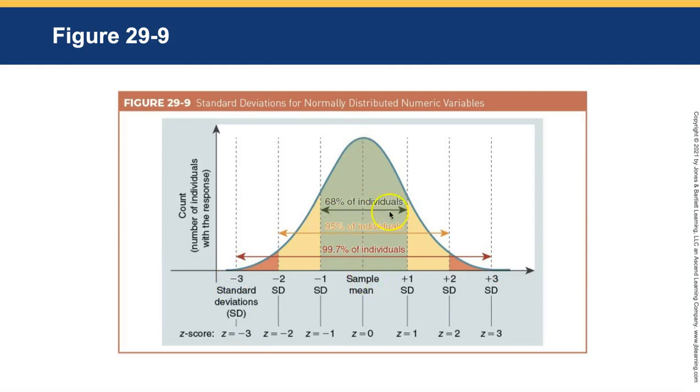We would say that 68% of all the individuals we had, if we had a large enough sample size, would fall within one standard deviation of the mean in terms of their height. 95% of all individuals would fall within two standard deviations of the mean, and 99.7% of all the individuals would fall within three standard deviations of the mean.